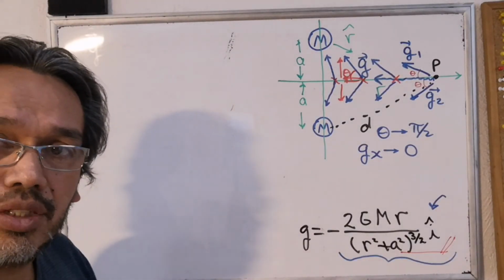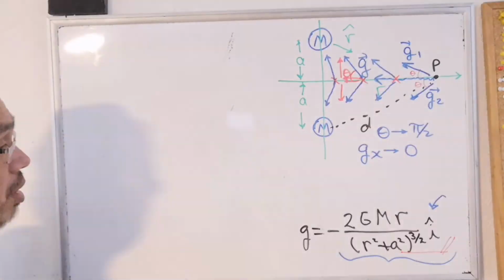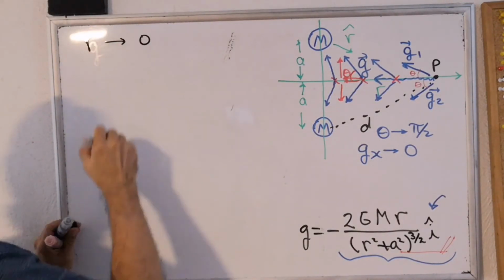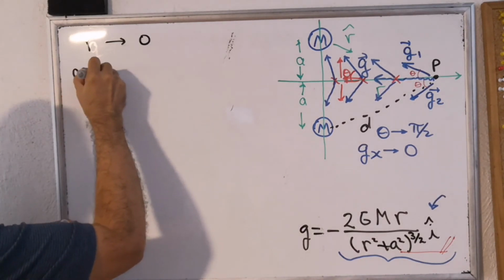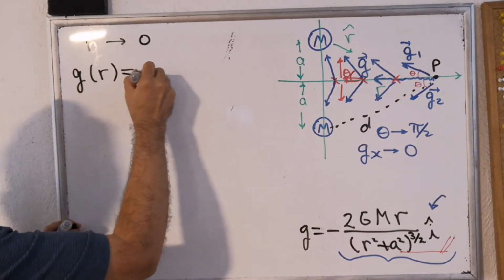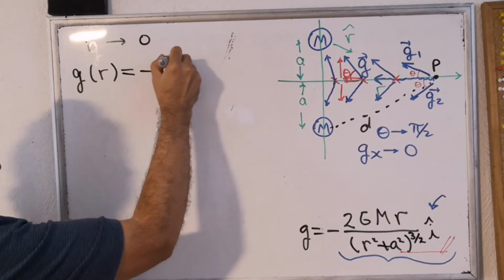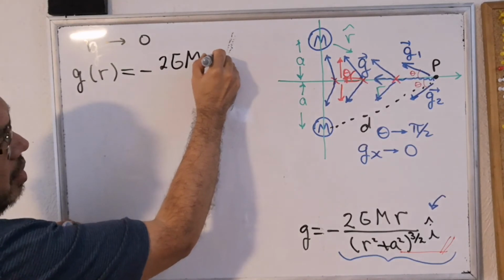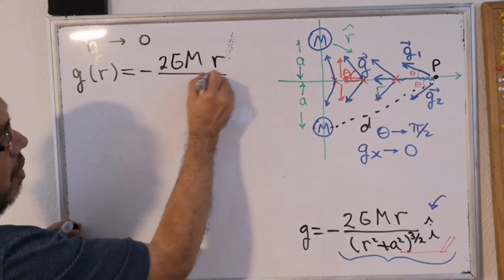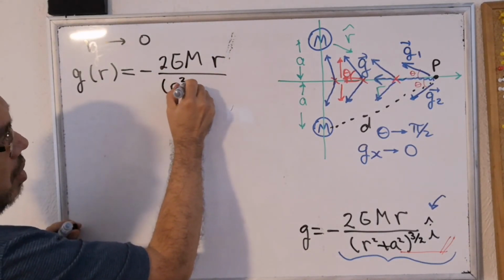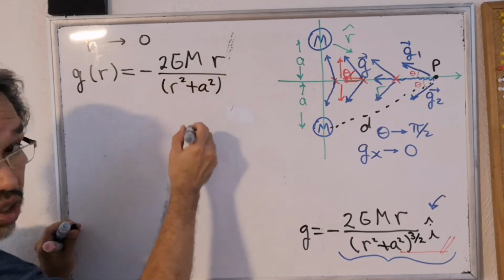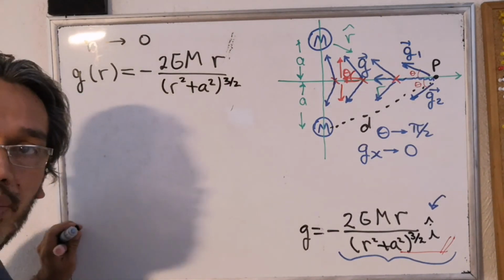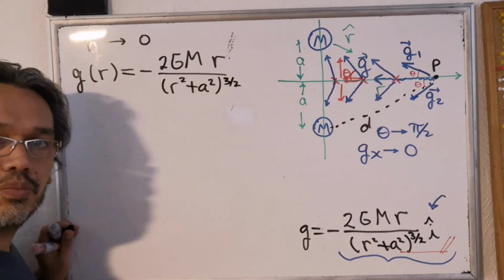What is the mathematical situation? Well, you can consider that if R approaches 0, then G is a function of R, which is -2GMR divided by (R squared plus A squared) to the 3/2, where G and M are constants and A is a constant. Now there is no mathematical reason why R cannot be 0.